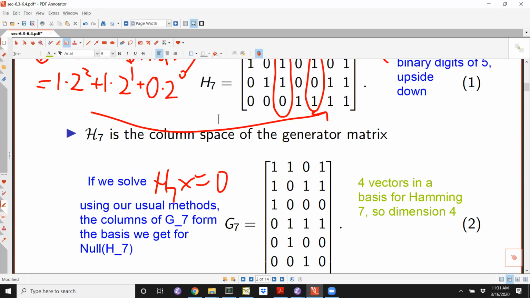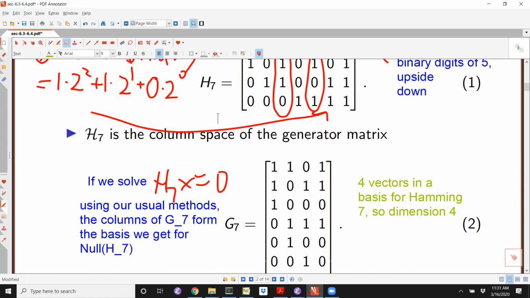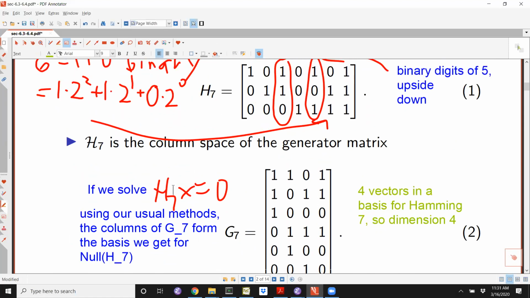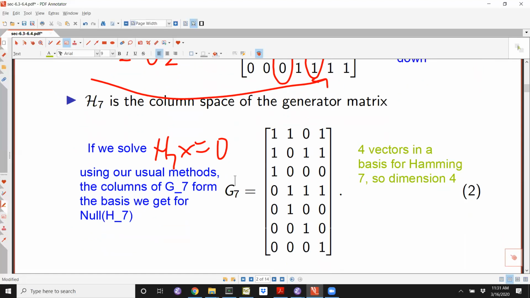Where did G7 come from? The idea was that the Hamming 7 code is the null space of capital H7, and to find a basis for that null space, we solve the equations H7x equals 0 using our usual methods.